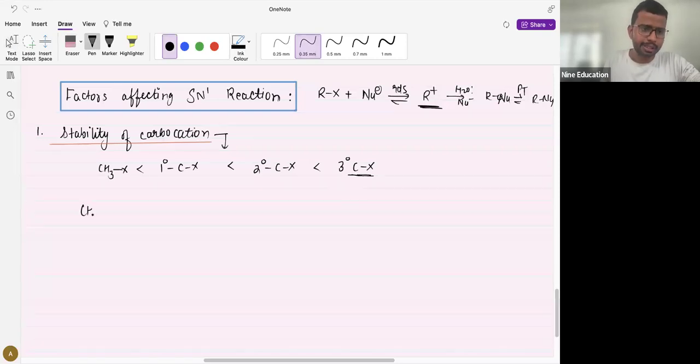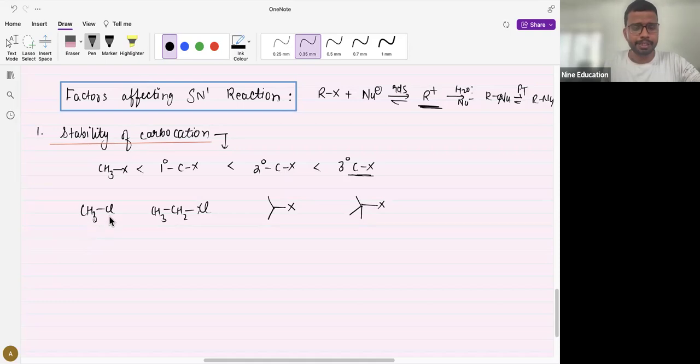So let's say if I have CH3X, where X is chloro: CH3Cl, chloromethane, then a 1 degree compound, a 2 degree compound, and a 3 degree compound.